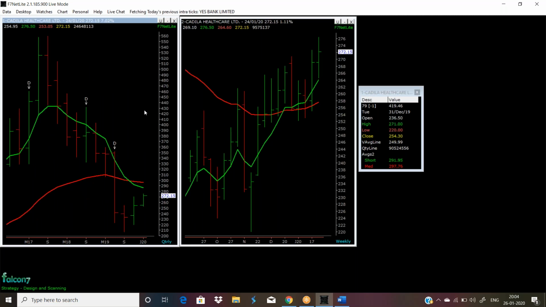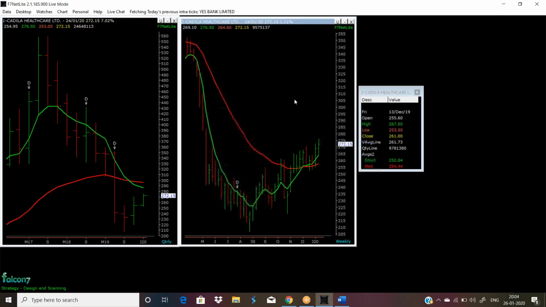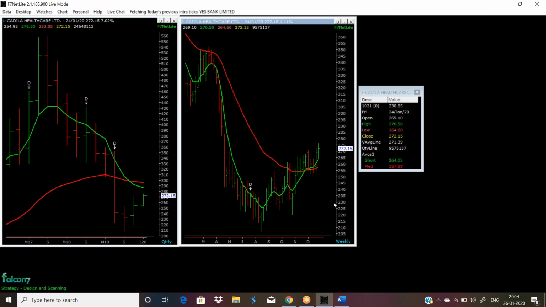See here, when the price was trading around the 220 level, it was expected to meet the 290 level, and the weekly chart was showing buy.